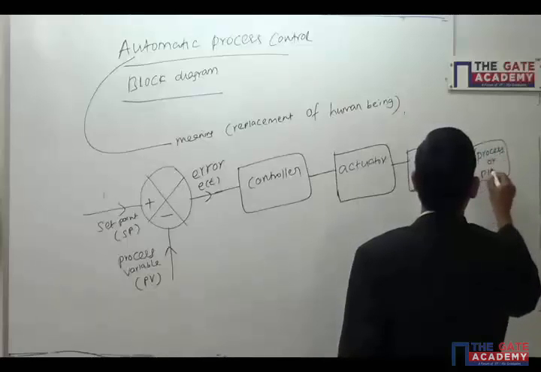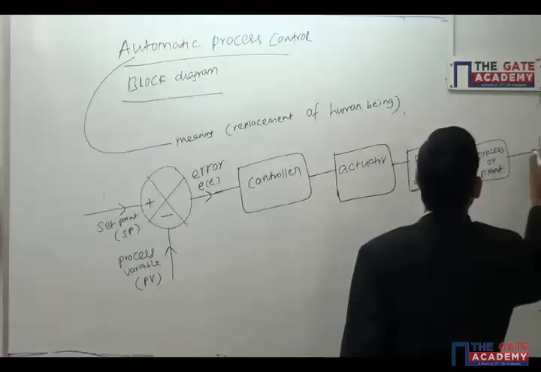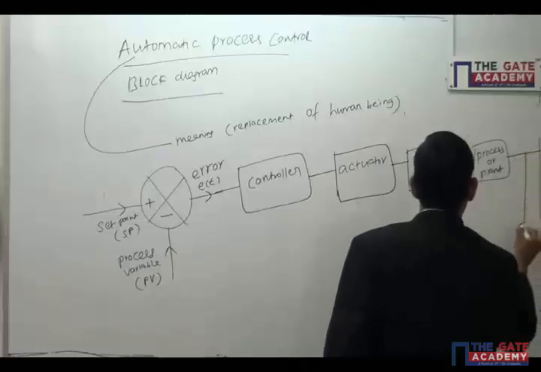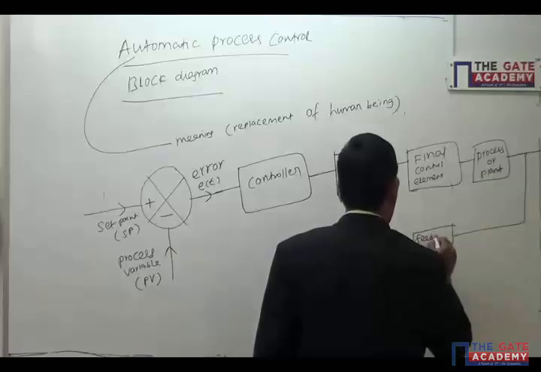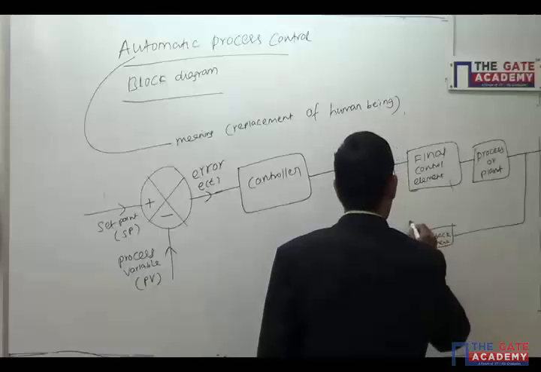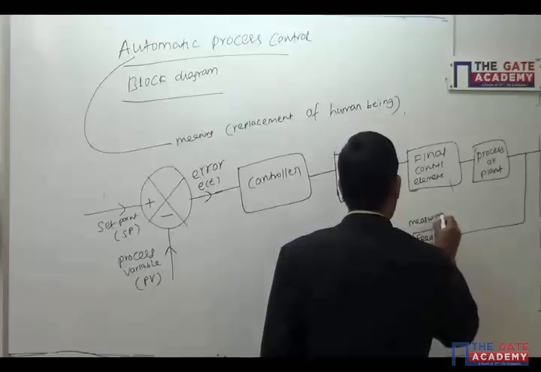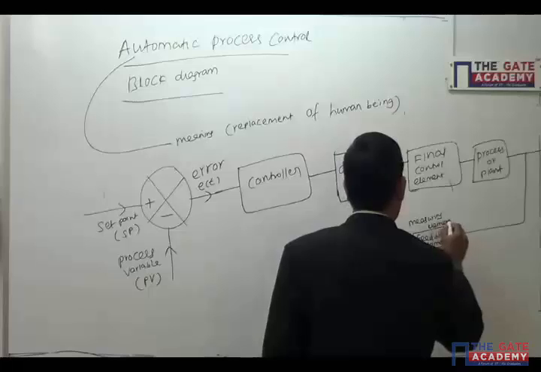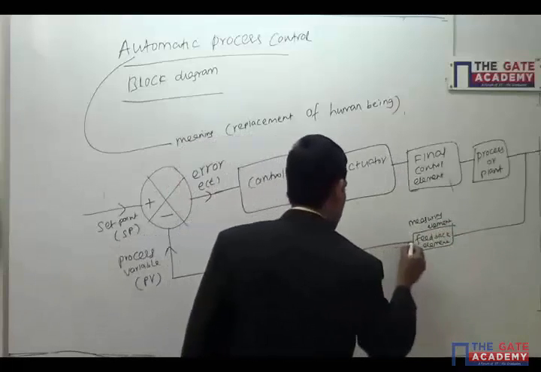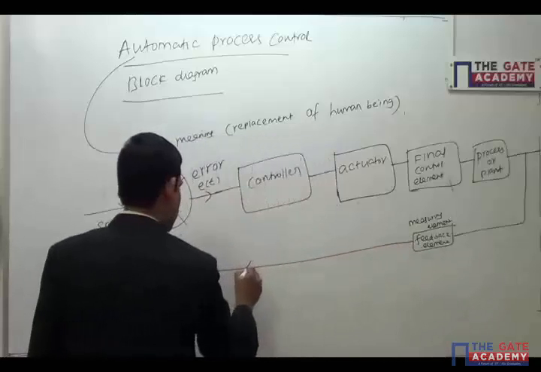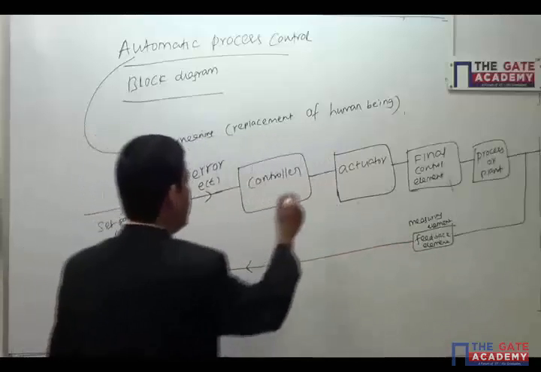Both are synonyms. This output, again we are giving to the feedback element. So this is basically a measuring element. Measuring element. You come here. So this is the diagram.